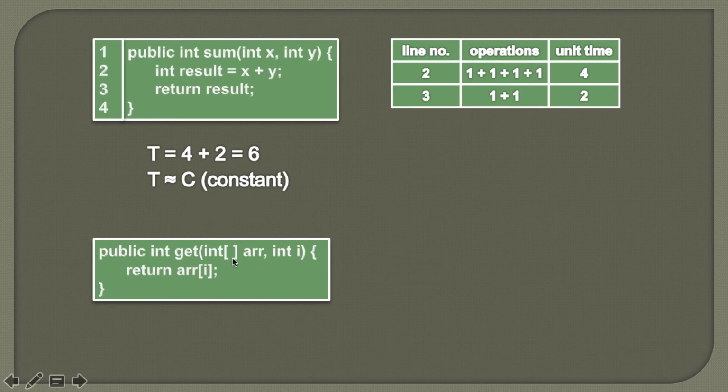Irrespective of how many elements are there in this array, let's say the array has 1 lakh elements, it will still take a constant amount of time. And if the array has 1 element, it will still take the same amount of time. So therefore this is a constant algorithm. We simply denote the time complexity of such an algorithm as O of 1, because usually in big O terms we denote the constant by O of 1.